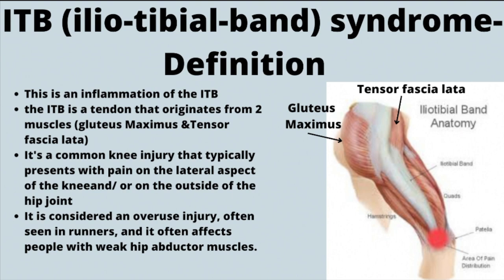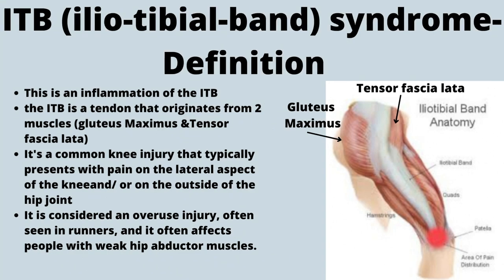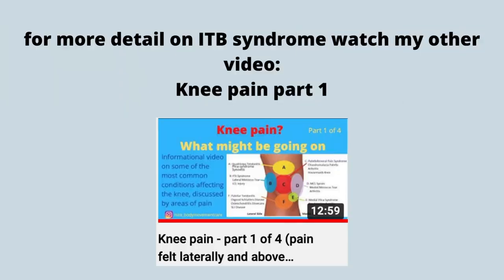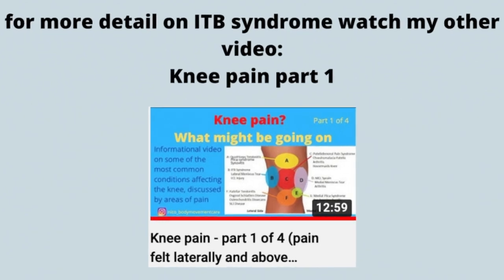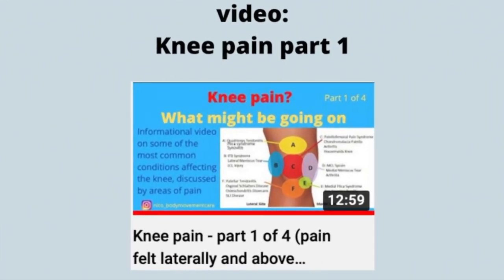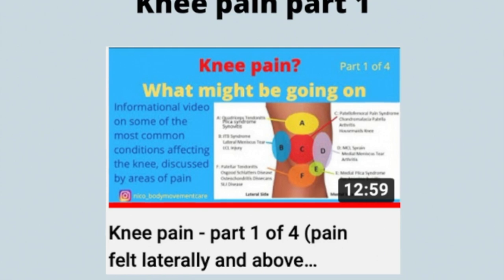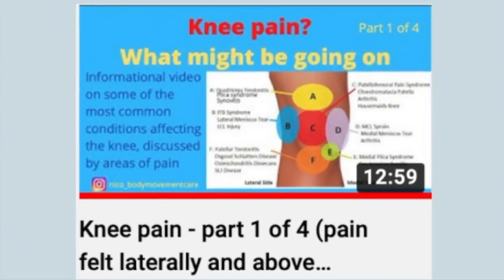This is because the IT band originates from two major muscles, which are the tensor fasciae latae and the gluteus maximus. But if you want to know more about IT band syndrome, I would suggest you go and check my video on causes of lateral knee pain, where you can learn what the causes are, what the signs and symptoms are, and also what the treatment modalities are for it.